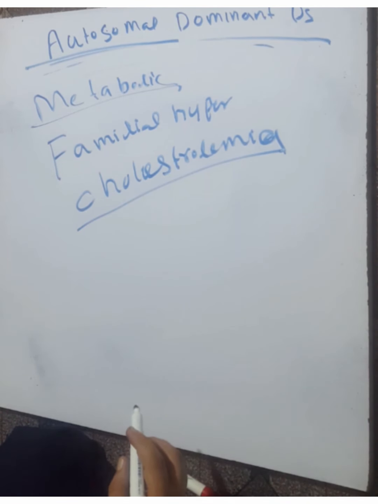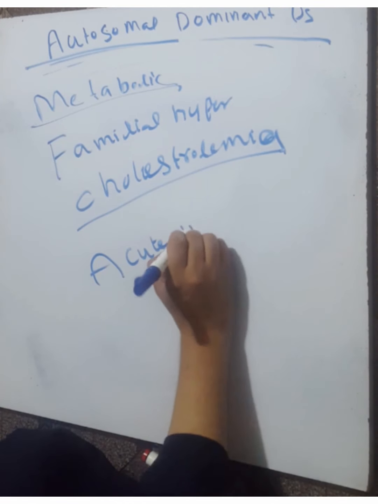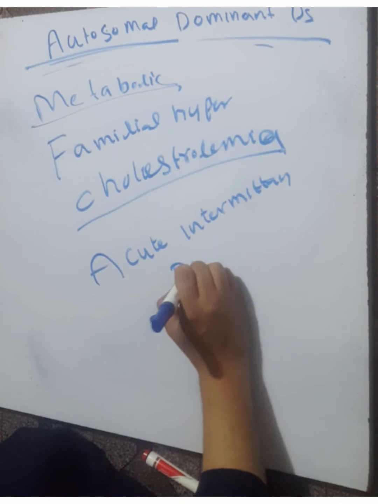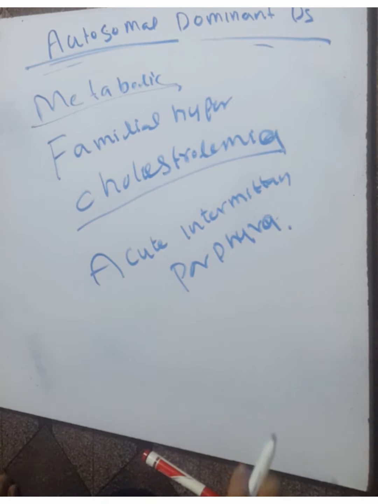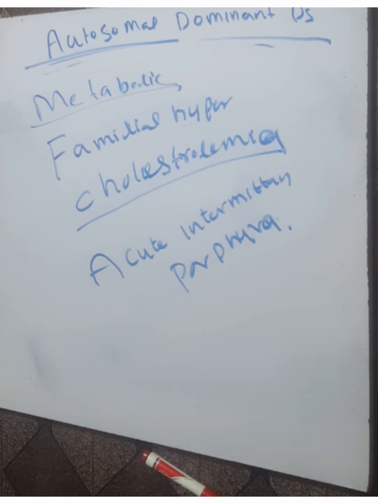Another example is acute intermittent porphyria. Familial hypercholesterolemia and acute intermittent porphyria are metabolic disorders that are autosomal dominant in origin.